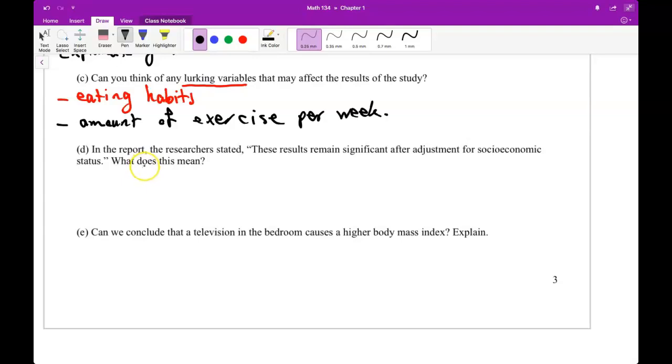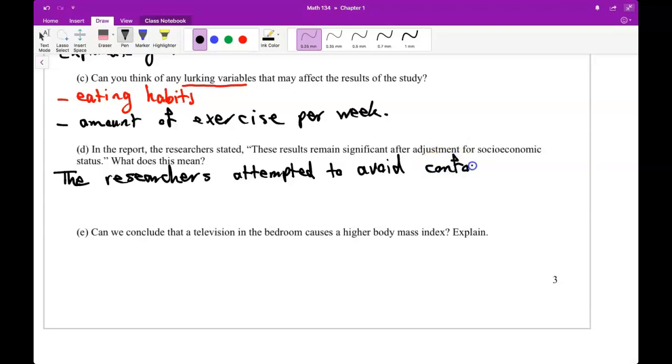They may not have considered some other variables affecting the response variable. That is the reason for this part. Researchers attempted to avoid confounding.